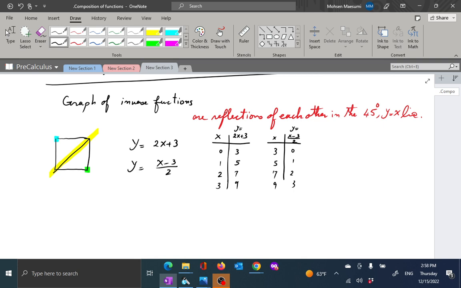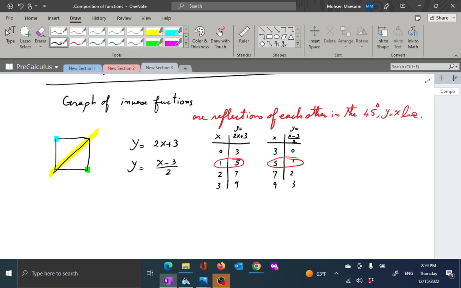If you want to use other x's, be my guest, but this is what I'm going to look at. Now look at this: 1, 5 and 5, 1. (1, 5) is a point on the graph of y equals 2x plus 3. (5, 1) is a point on the graph of y equals (x minus 3) over 2.